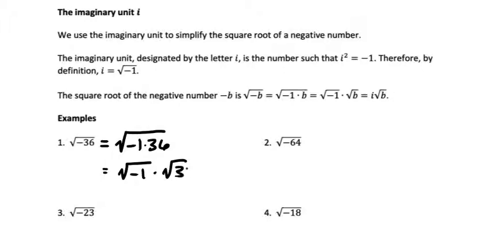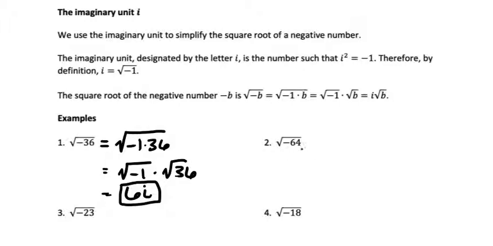Now I know the square root of 36 is 6, and square root of negative 1 we're going to replace with i. So my answer here is 6i. If we have a whole number with an i, then we write the i after the whole number, kind of like if it's just a regular variable, it comes after the number.